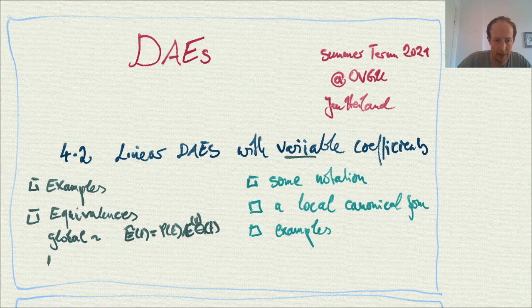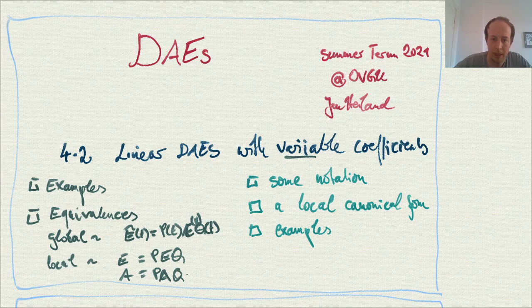And then we had this local equivalence where we had again just the E as P E Q as we knew it before, but there was this A now being P A Q minus P E Q dot. Yeah, and this came from this A tilde that we had here, where there was this Q dot involved. I hope you all remember that.